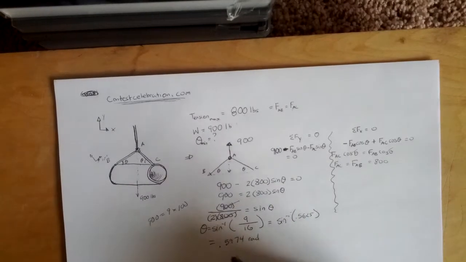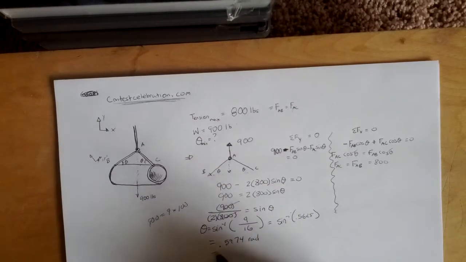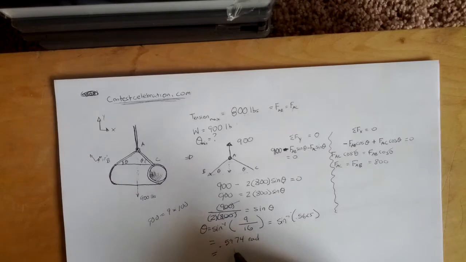Now, this is in fact the answer, but people don't really have a scale for radians. You couldn't go outside and say, hey, make this angle 0.59 radians. You couldn't say that to a construction worker. He's gonna say, hey, I got a protractor, man. Give me a real number.